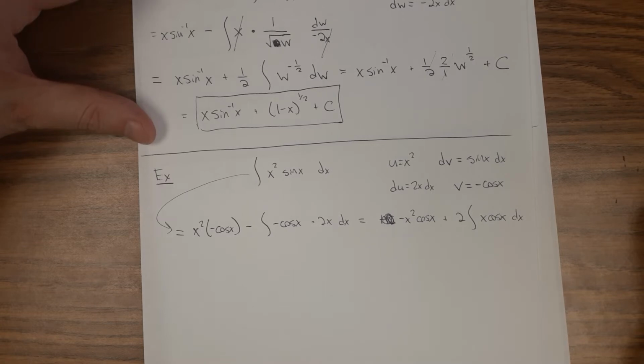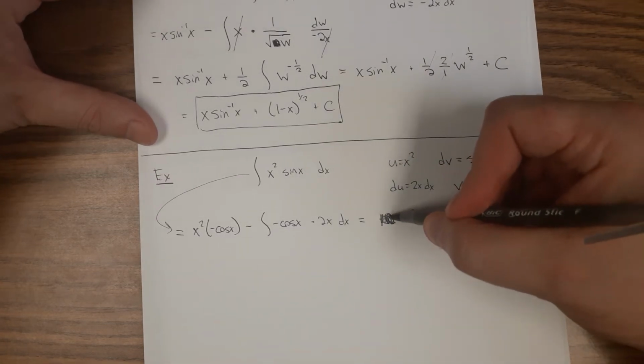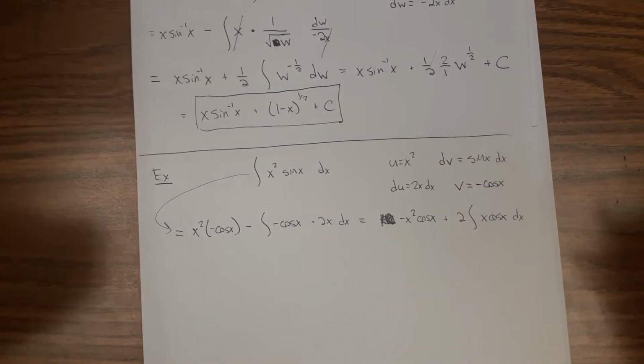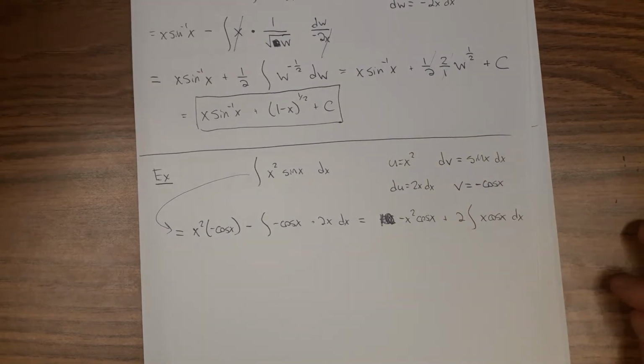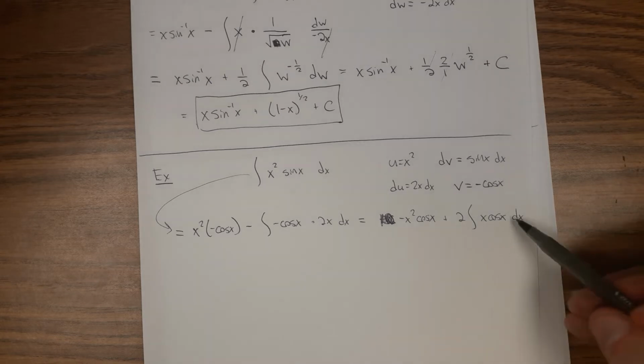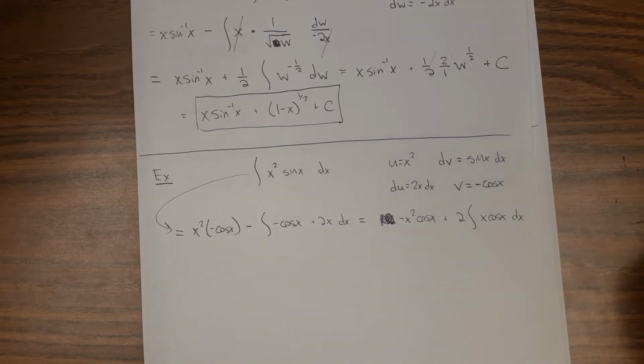Okay, and now what I always say is we look at the new integral and hope that we can do it. And now I'm a little worried. How do I do x cosine x? I don't see anything. Last time this happened, we used a u substitution, but I don't really see a composite function here.